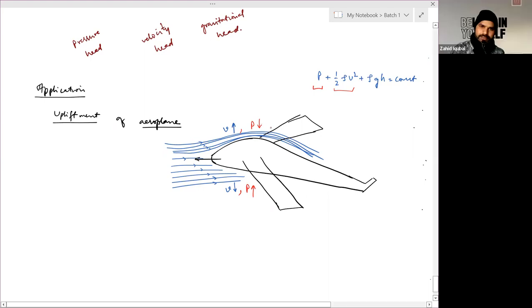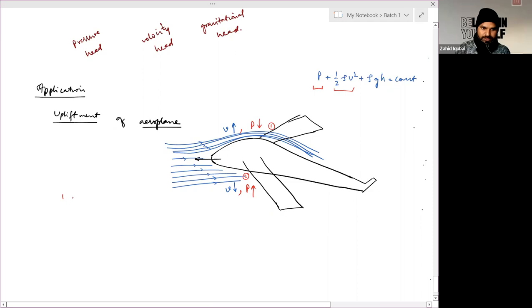Let's say the upper region is first and the lower region is second. Due to this pressure difference, it will be capable of uplifting the aeroplane.